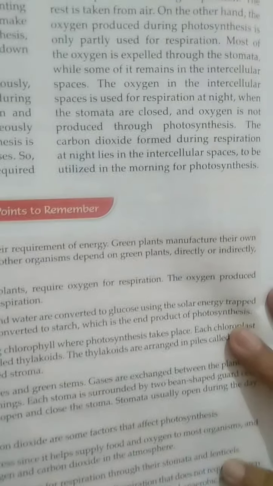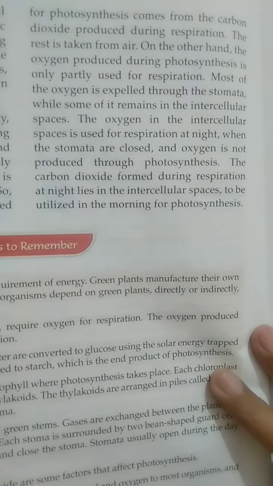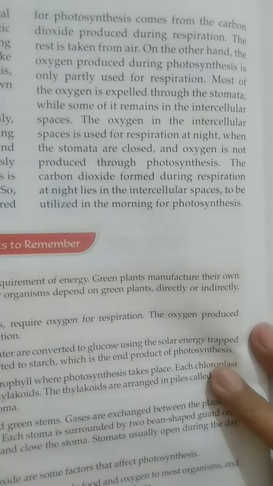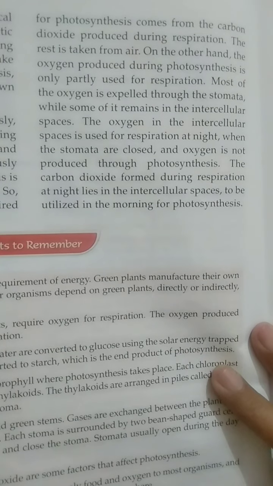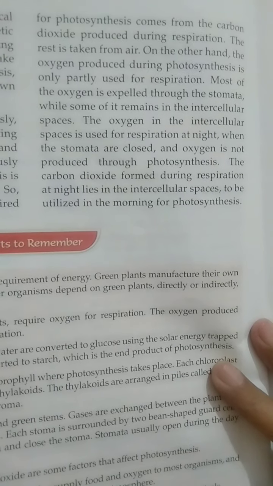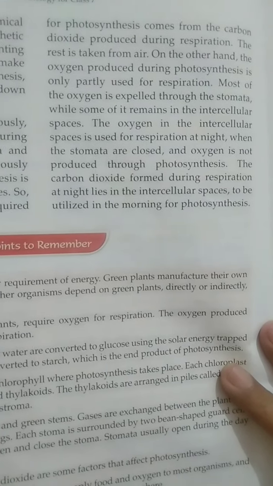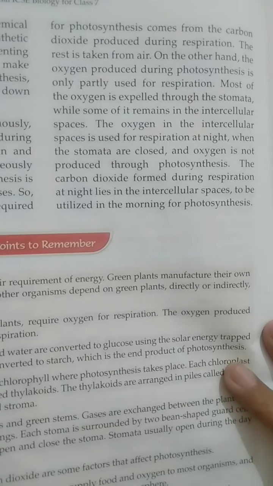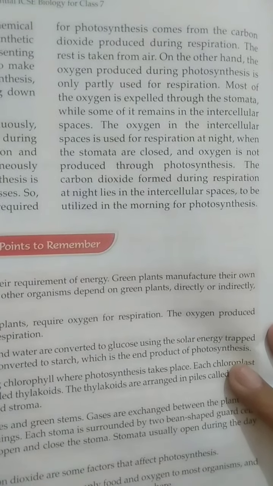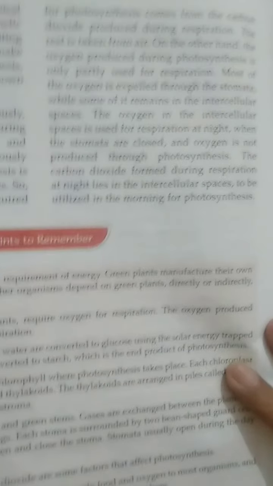So at night time, when there is no process of photosynthesis but the process of respiration is still going on, the oxygen which is required for respiration comes from that which is already present in the intercellular spaces.